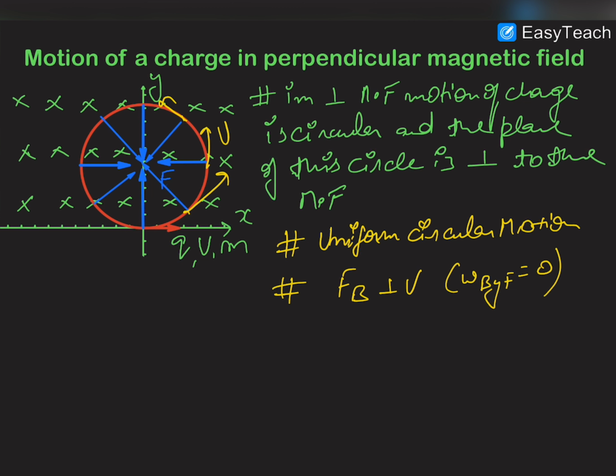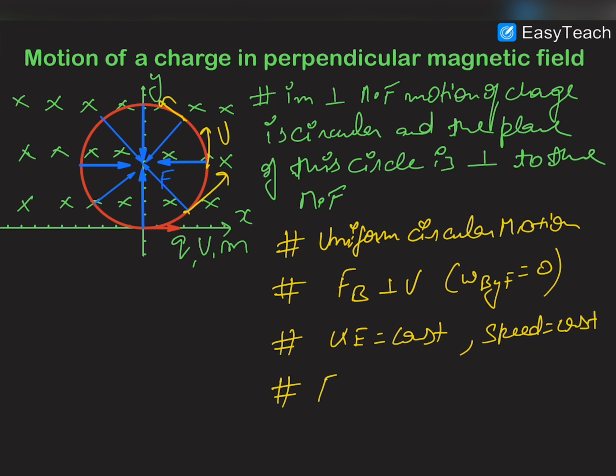So the work done by the magnetic force is 0, and therefore the kinetic energy of the charge is constant, or we can say the speed of the charge is constant. Therefore it is a uniform circular motion.